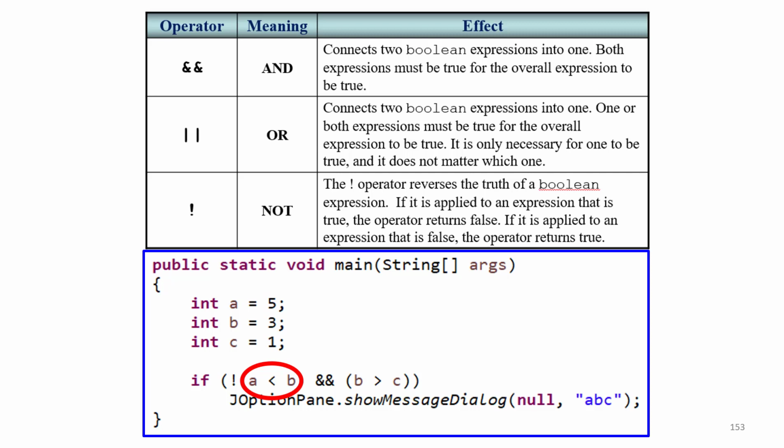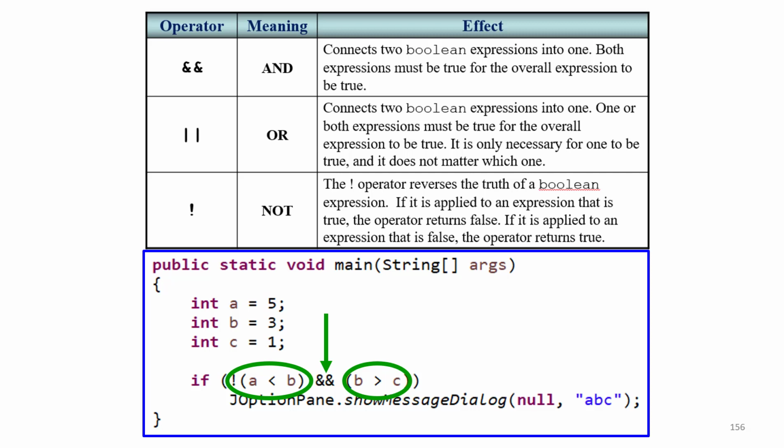But the not of a false is true. So this fragment of the expression is true. And since B is greater than C, this fragment of the expression is also true. And the logical AND of a true and a true is also true. So this also prints ABC.